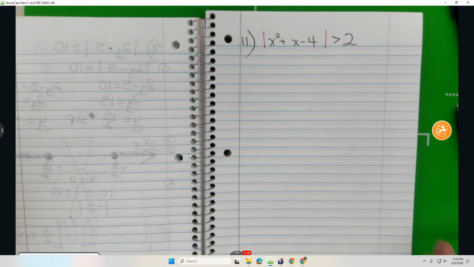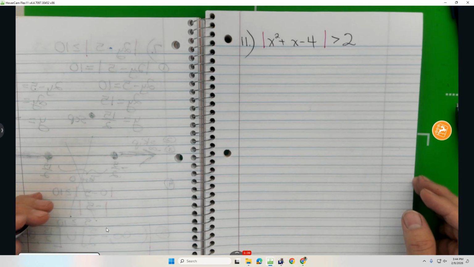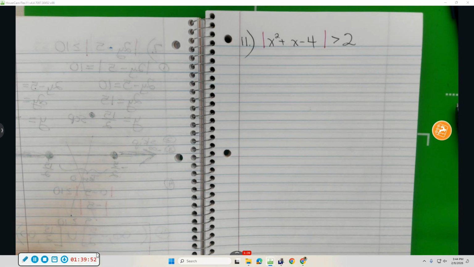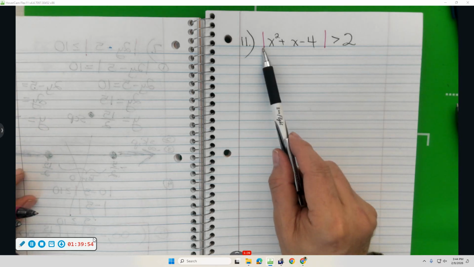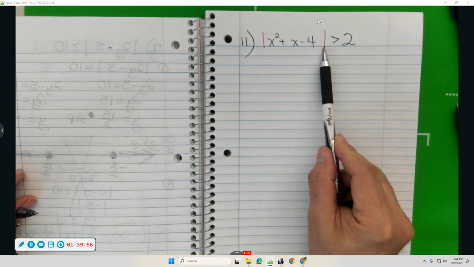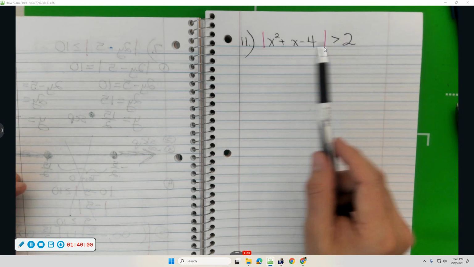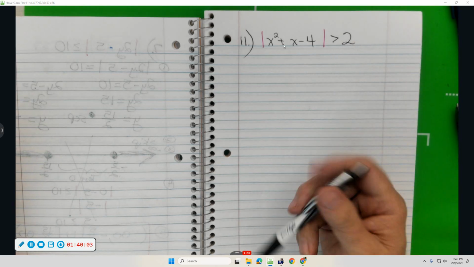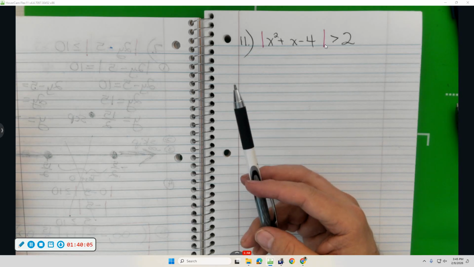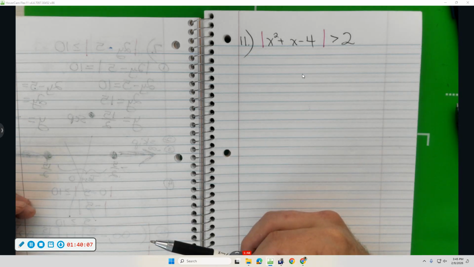Well, when I look here, I think to myself, at least I don't have to move terms around. Notice we already have the absolute value by itself on one side and the number by itself on the other side. We don't have the absolute value with something added or subtracted from it. So we don't have to move any terms around.